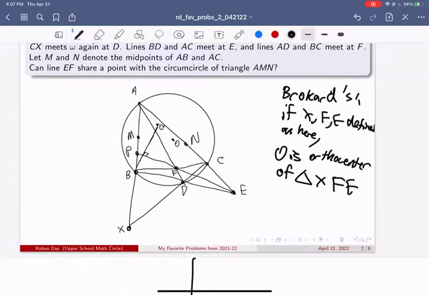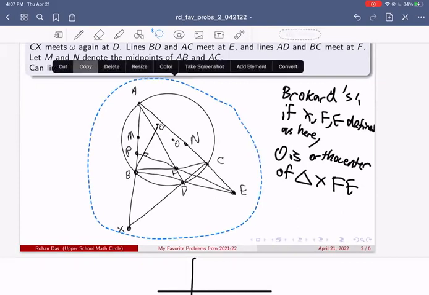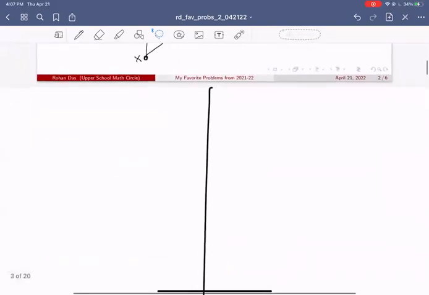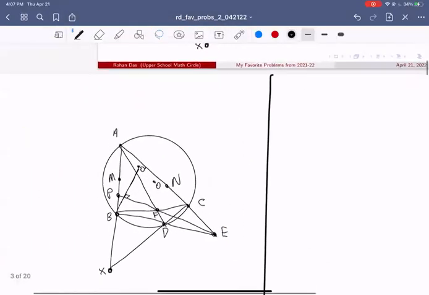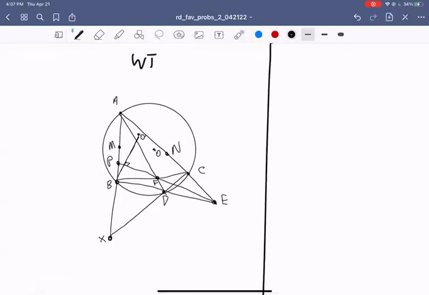Okay, so first we can show this for E. To show they have equal power of a point, we want to show that EN times EA equals EB squared.